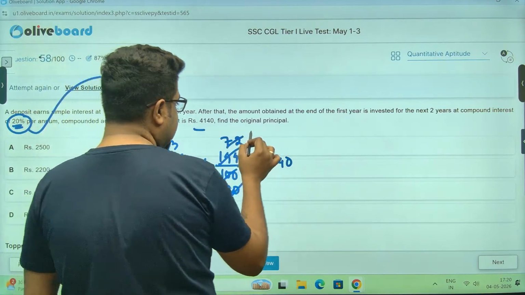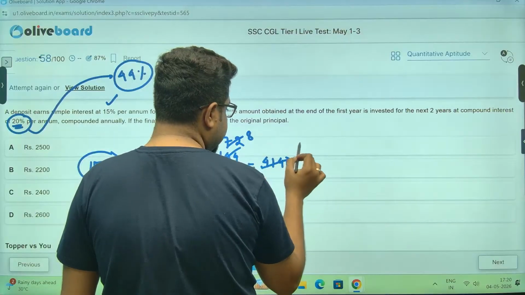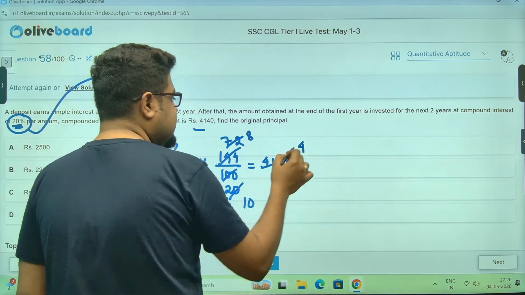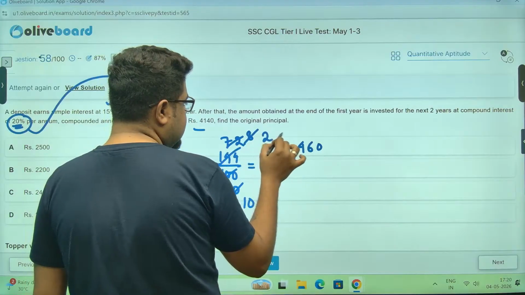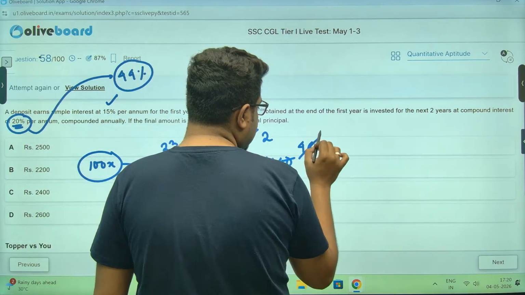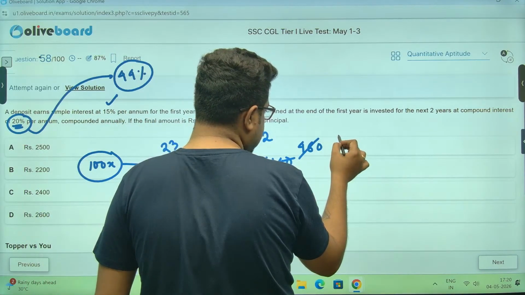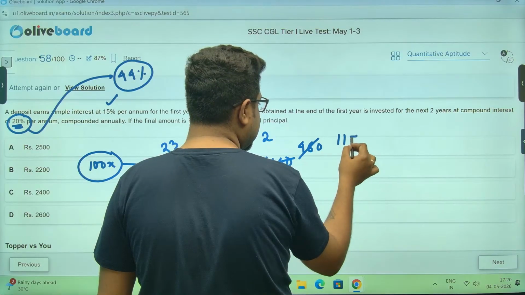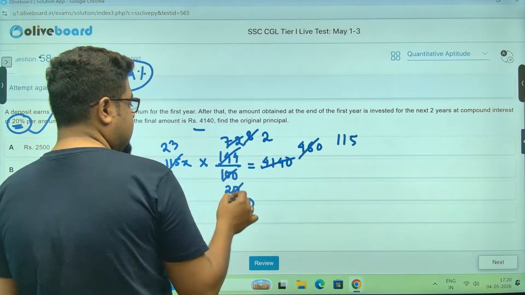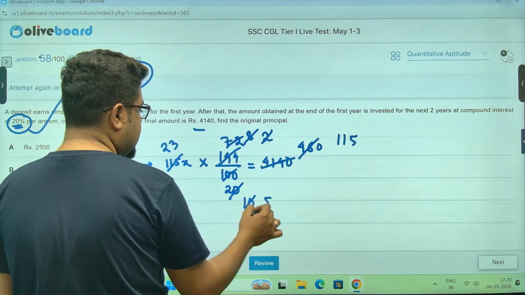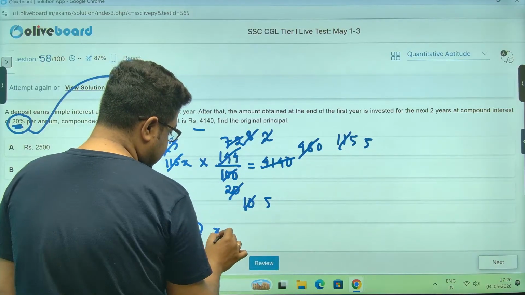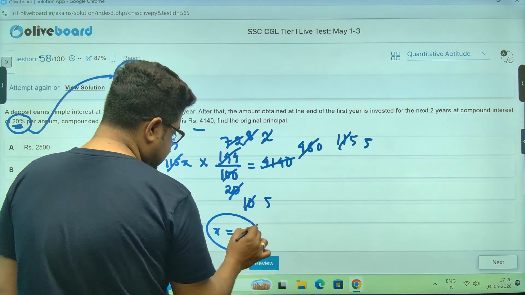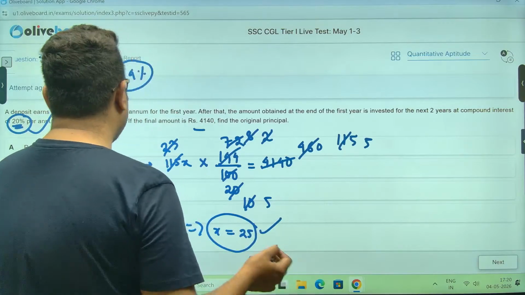So 9 8s are this. 4 9s are 36, 6 9s are this. So again, 4 2s are this, 4. So 11s are this, 5s are this. Correct? And this is 5. 23 5s are this. So x is 25, sir. x is 25. Find the principal.